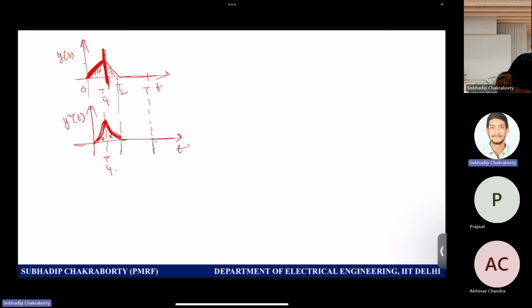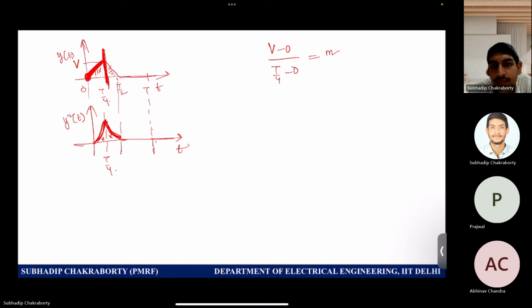So if this is 0 and this is A or this is V, what can I write? What is the slope? V minus 0 divided by T by 4 minus 0 is the slope. And since this is passing through 0, the line equation will be y of t is nothing but V by T by 4, which is the slope, times time.